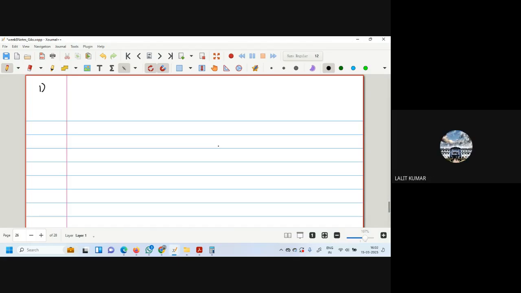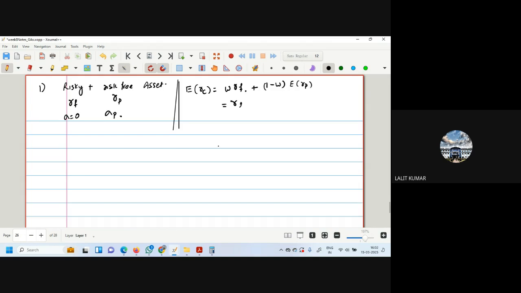So first scenario is risky plus risk-free asset. This is RF, sigma is equal to 0. This is, for example, RP, sigma is sigma P. So in this case, your expected return ERC is equal to 1 minus W into ERP, plus W into RF, and this will become RF plus W into ERP minus RF.